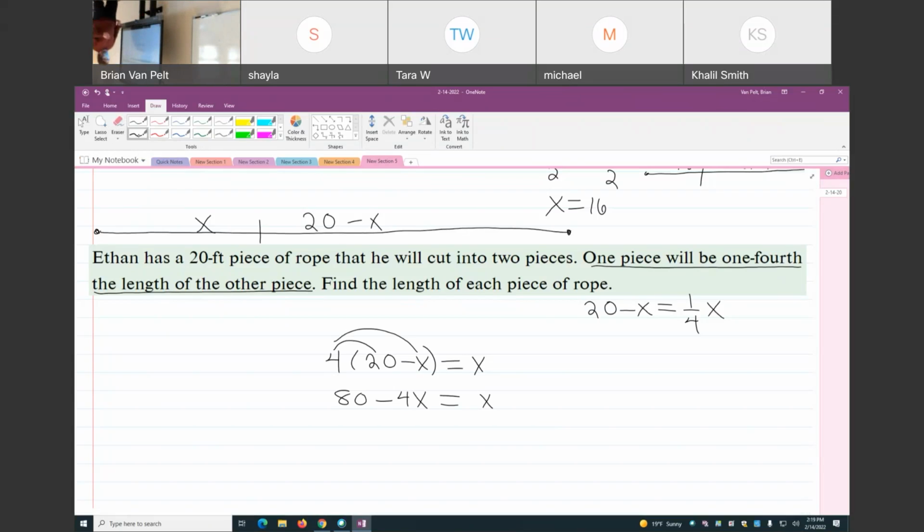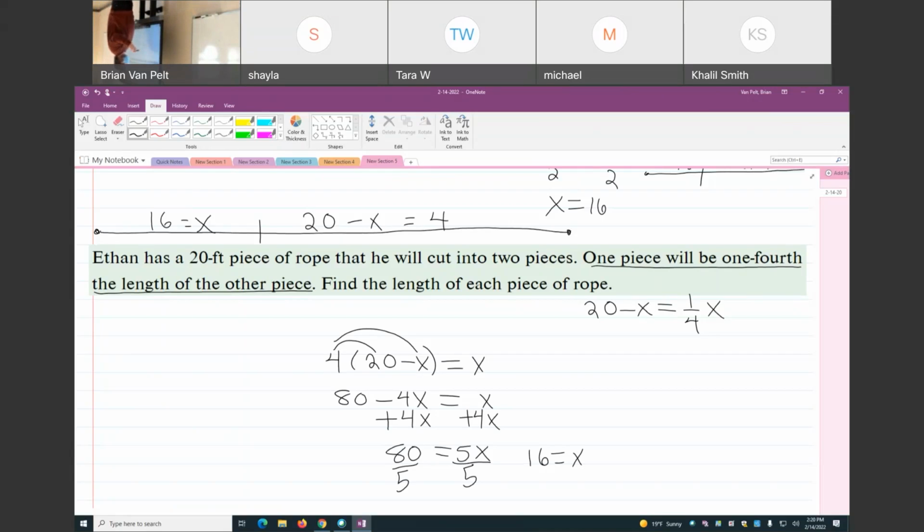That's 4x. Right, so we get 80. It's 5x. 5 by 5. So you get 16 is equal to x. That means when I cut this up, this guy here was 16. What's this one going to equal?